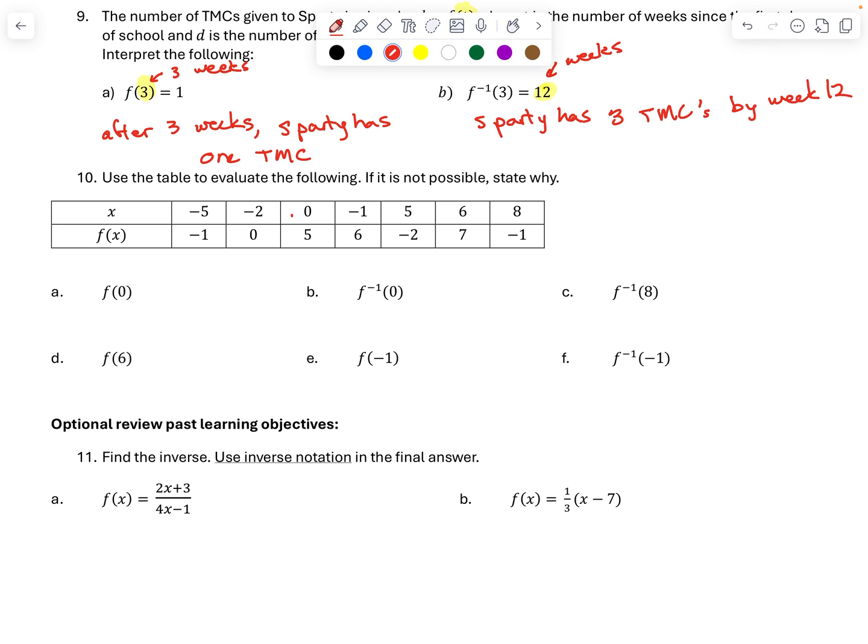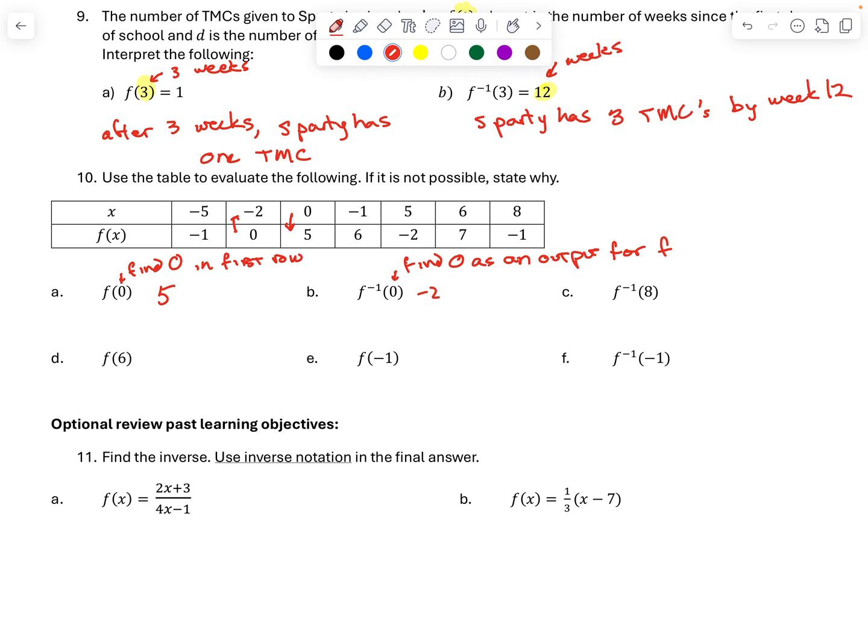f of 0, we go down from 0. f inverse of 0 means find 0 as an answer for f, and go backwards.